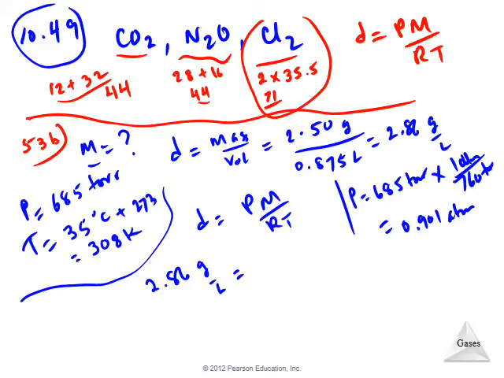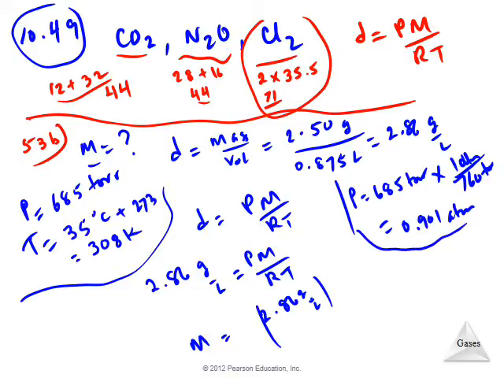So now we can plug in all these numbers in the right units, but before that we can solve for M. Let's first write down PM over RT, because we need to get the molar mass. Everything else is known. So M would be given by 2.86 gram per liter times RT.